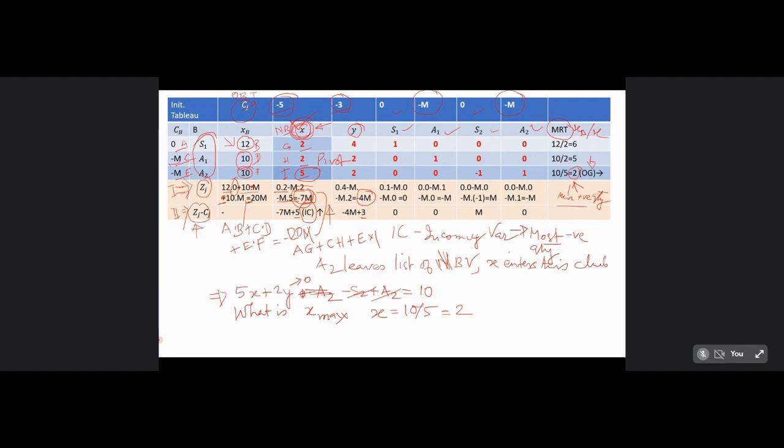Okay, so in the next step we will divide each of these quantities by 5, so that এইখানে we get the allowable magnitude of x.